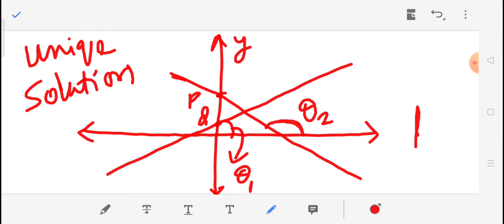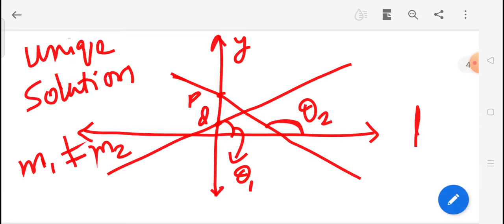Let us first discuss it graphically. So this is the case of a unique solution, where in the unique solution m1 is not equal to m2.